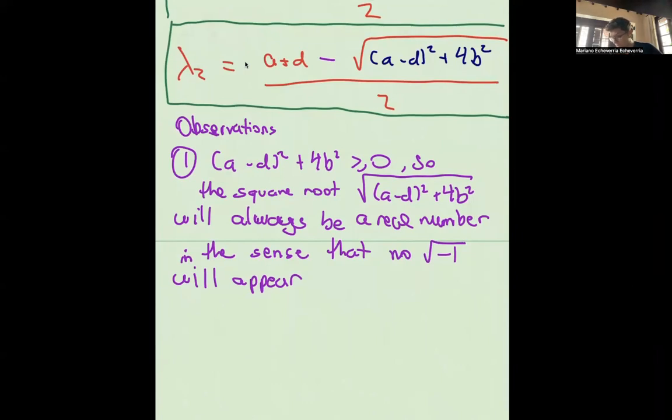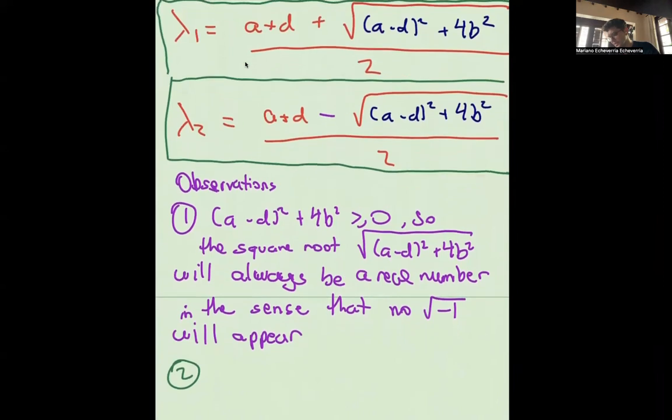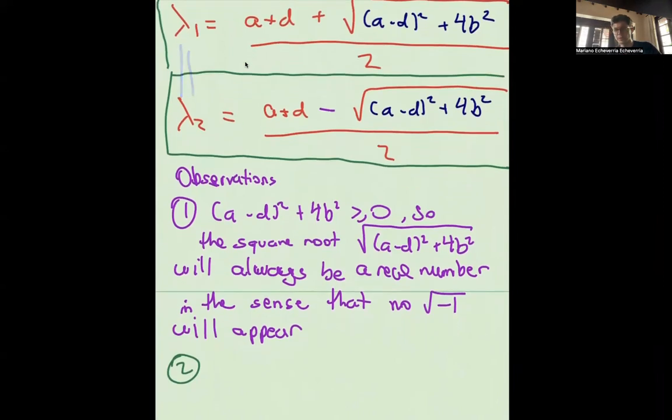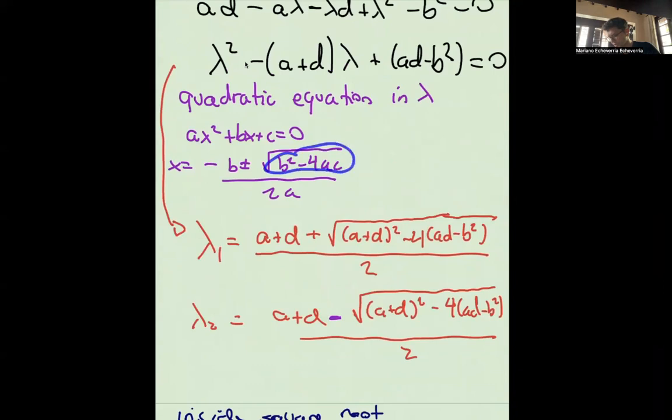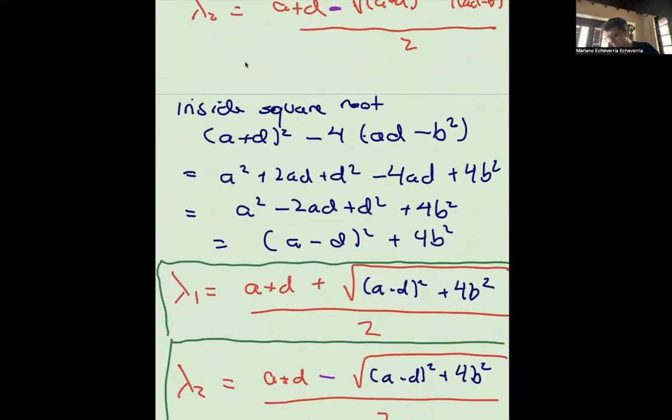And the other one is also very nice. If you remember when you're solving a quadratic equation, it is not impossible for these two numbers to agree, right? By the way, this quantity b squared minus 4ac is called the discriminant.